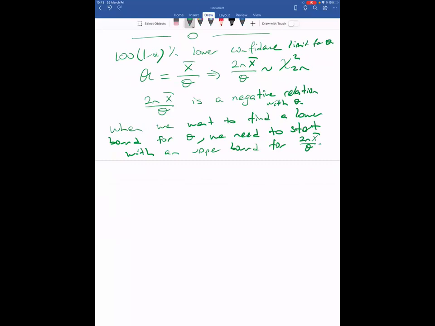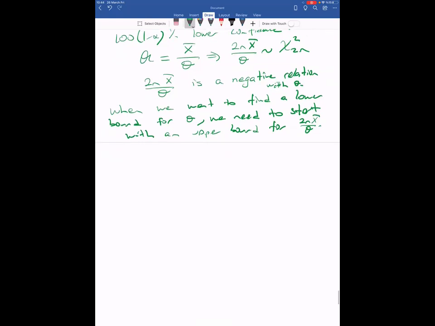When we want to write theta alone in the interval, everything will be reversed. Then we need to start with an upper bound for the pivotal quantity and end up with the lower bound for theta. So in the probability statement, we need to consider an upper bound for the pivotal quantity to be able to end up with the lower bound for theta.